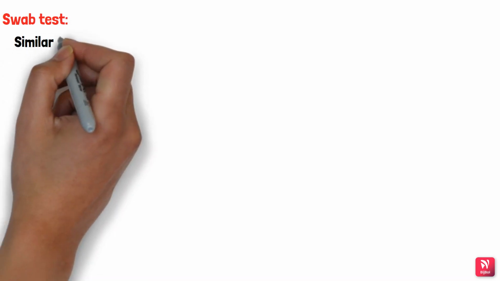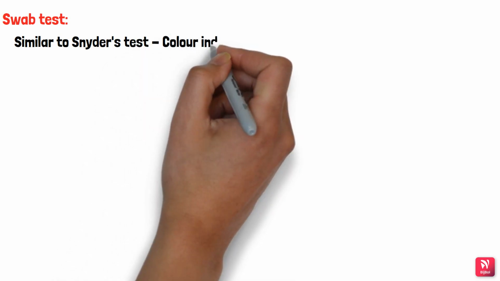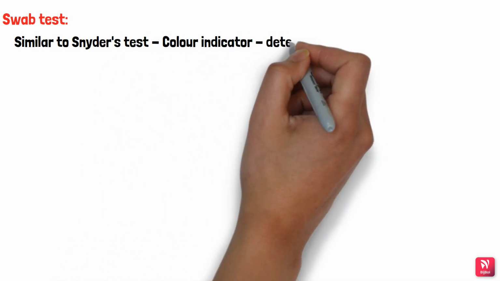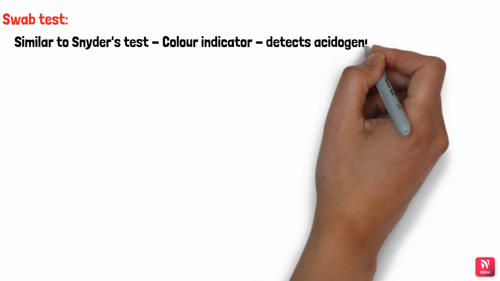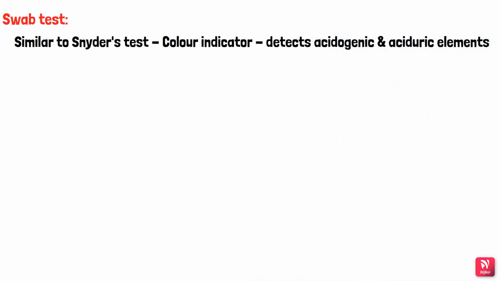Next we'll see the swab test. The swab test is very similar to Snyder's test, and here also we use a color indicator to determine the aciduric and acidogenic elements of the oral flora. But how is it different from Snyder's test? In Snyder's test, we use a saliva sample, right?